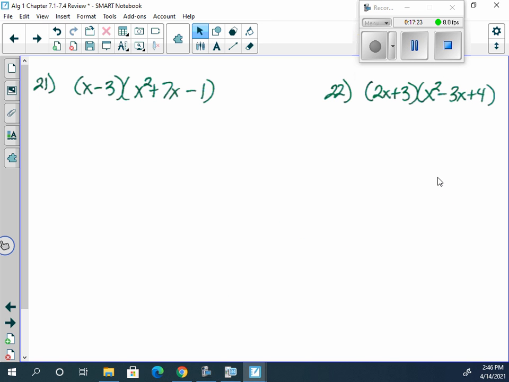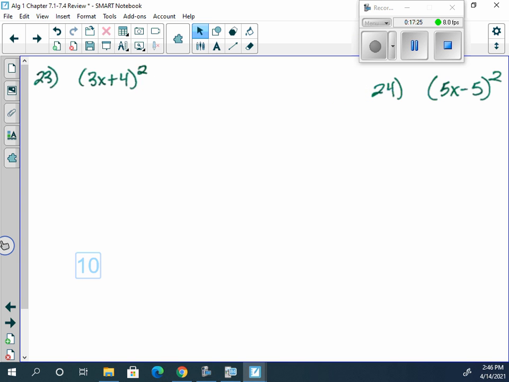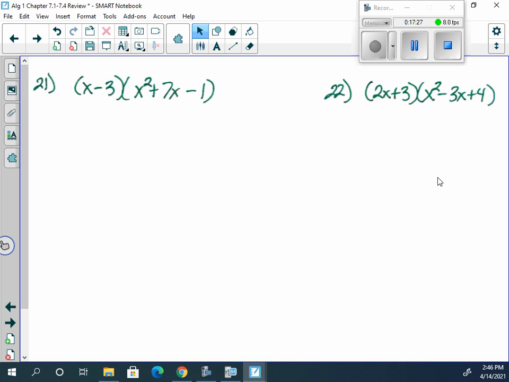We can look at 22. Because 22 is a binomial being multiplied by a trinomial. 2-term multiplied by a 3-term. So we can go on and multiply these through. So we're going to have 6 terms total before we simplify down and combine like terms.